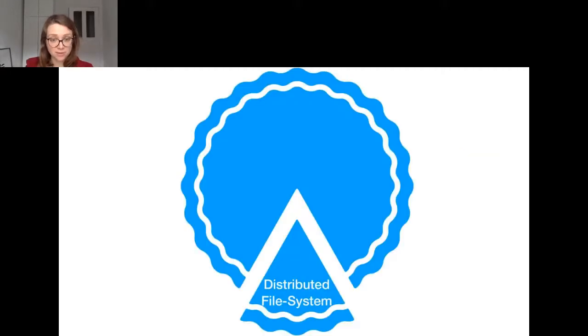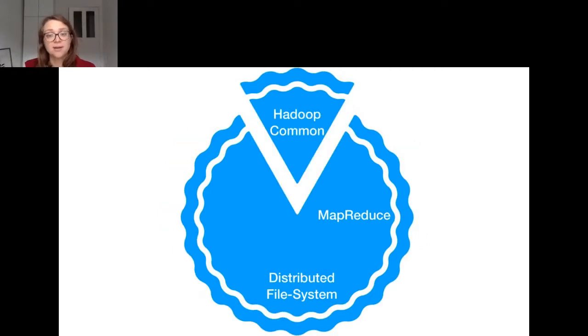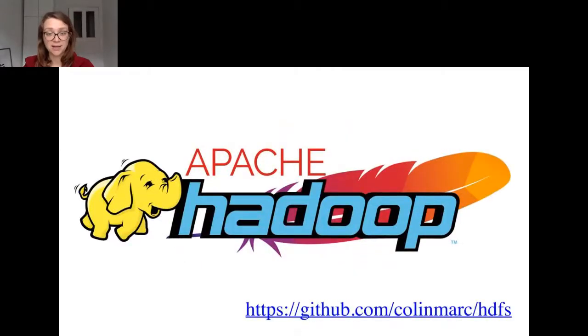It's made of a distributed file system, MapReduce, which is the algorithm that basically minimizes the data set, the Hadoop command, and YARN, which is used to manage processes and is slowly being used less and less. If you want to look it up, it's all open source, an Apache project.